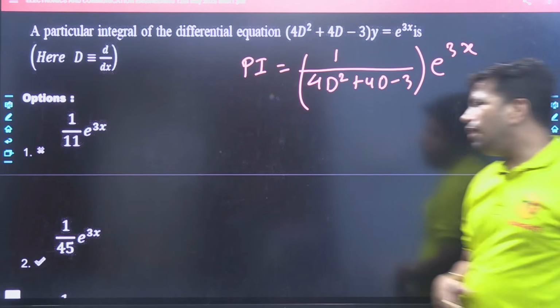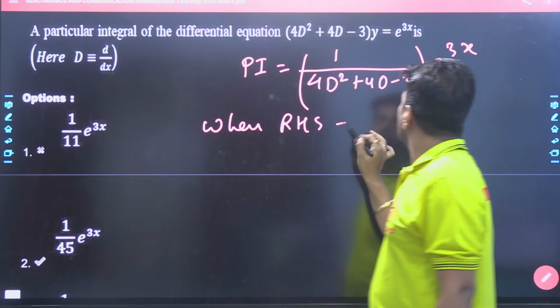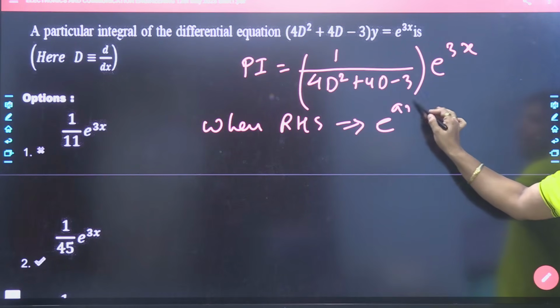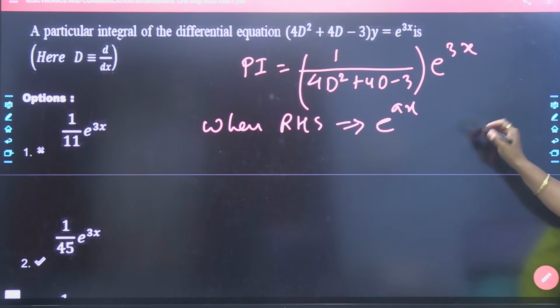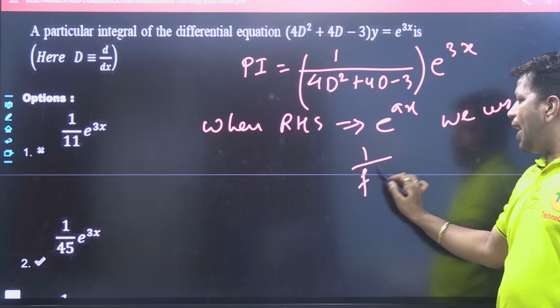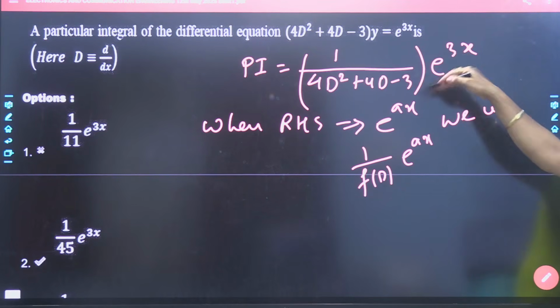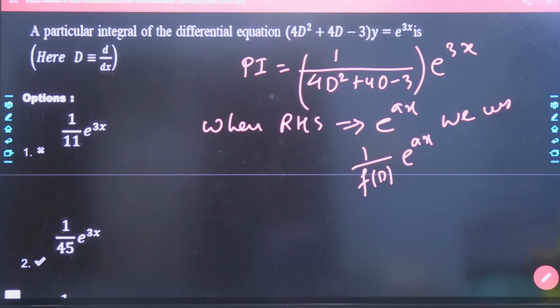Now we know that when the right hand side is in e to the power ax format, then we use 1 by f(D) e raised to ax. So that's why I am writing the particular integral like this. So this rule is going to be used.